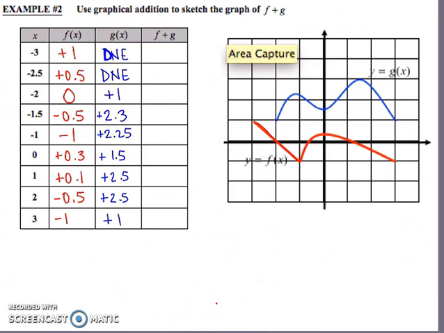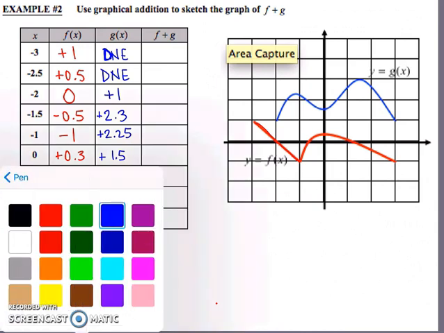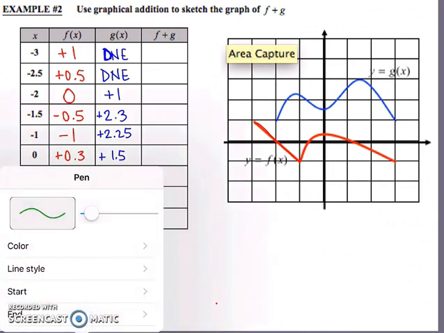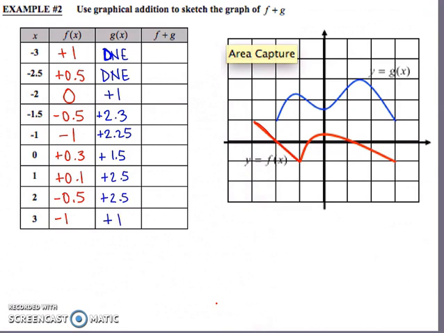Okay, so now we get to add together our f function plus our g function. Obviously, if one of them does not exist, then the addition of the two functions does not exist. So the addition of my functions will not exist before x is -2. But now when I do this graphical addition, I'm just going to add the value of f of x and the value of g of x.